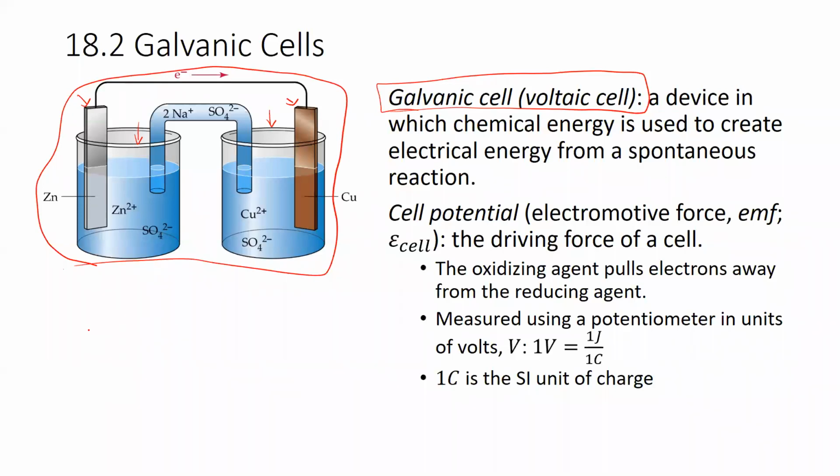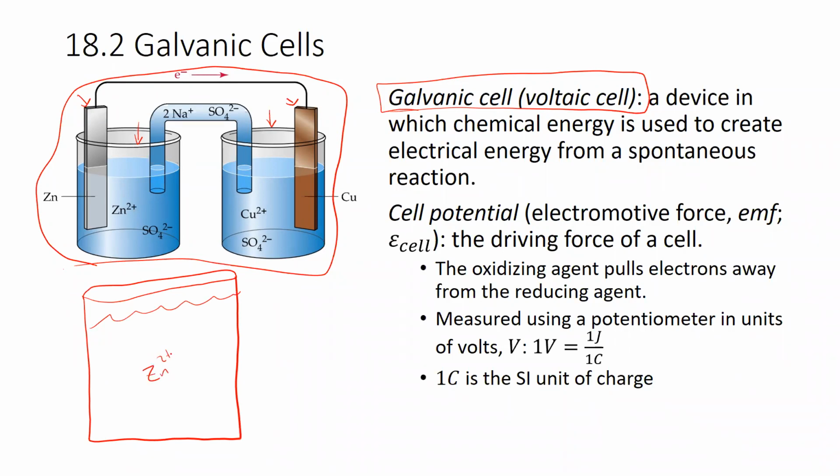One of the things you could think about is if you had instead a beaker, and inside the beaker you've got some water, and inside the water you might have some, let's say, zinc ions and some copper ions.